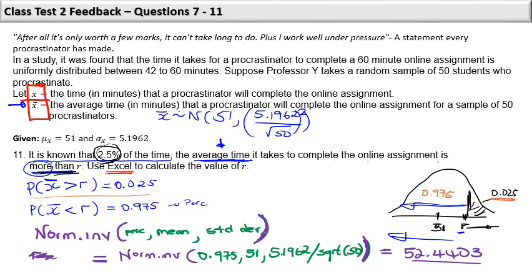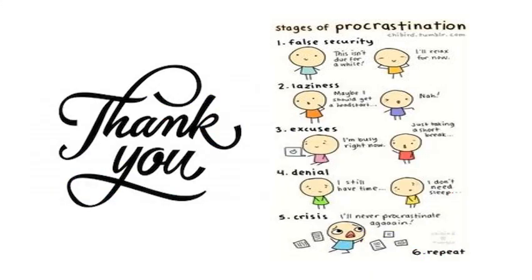Because if you know the distribution of X, you are unstoppable. You go to X bar if you are asked a question on the average, because if you know the distribution of X bar, you're unstoppable. So that's the key here. You just need to know which variable you're dealing with, thus which distribution you're dealing with. So that brings us to the end of the test.